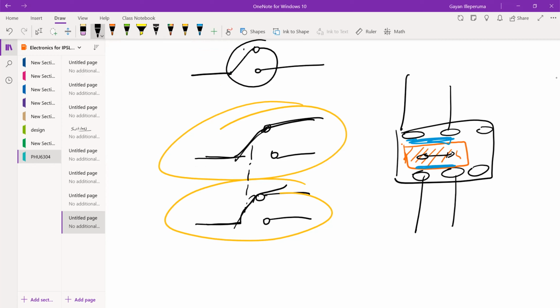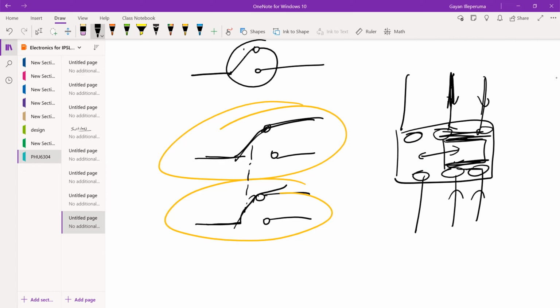This one and this one are connected. Now let's say you move the switch to the other side. Then what's going to happen is this one and this one are connected, and this one is connected. So by moving the switch here and there, you either connect these two and these two, or you connect these two and these two.